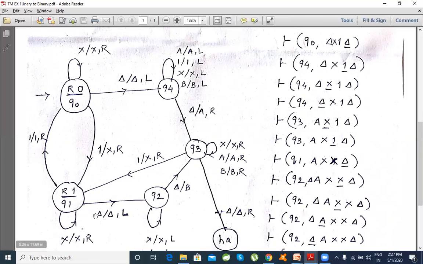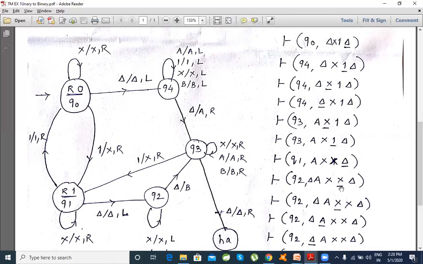I'm taking the exit by switching back from Q1 to Q2 by reading null by null and moving towards left again. So from Q1, if you are reading null, I need to switch the state from Q1 to Q2 and go towards left.